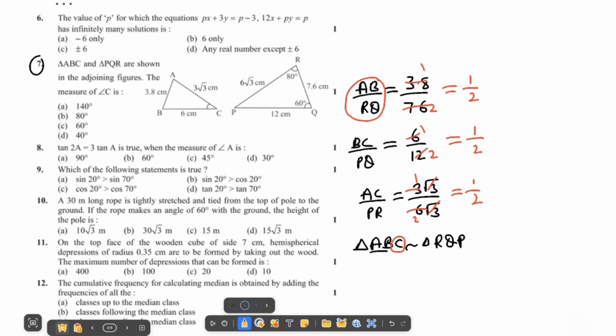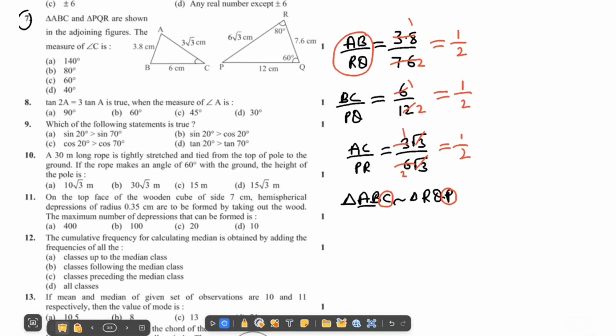So angle C corresponds to angle P because they are corresponding angles of similar triangles. Corresponding angles of similar triangles are equal. So angle C will be equal to angle P. But what is angle P? Let's find angle P. In triangle PQR, angle at R is 80, angle at Q is 60. 80 plus 60 is 140.